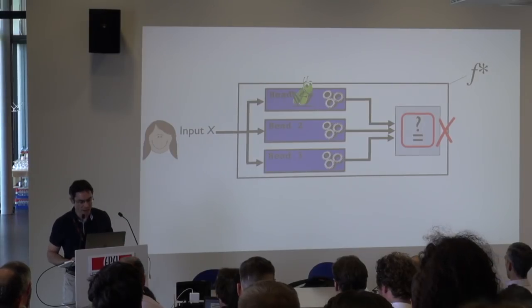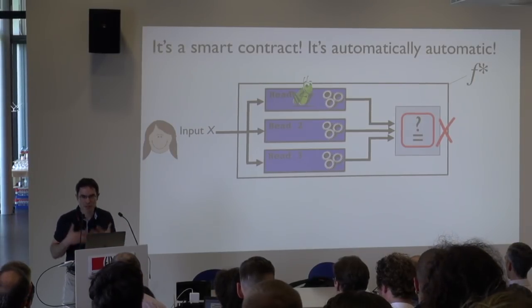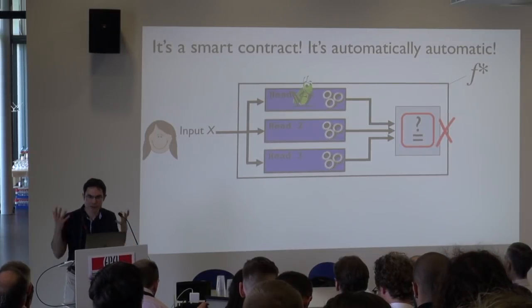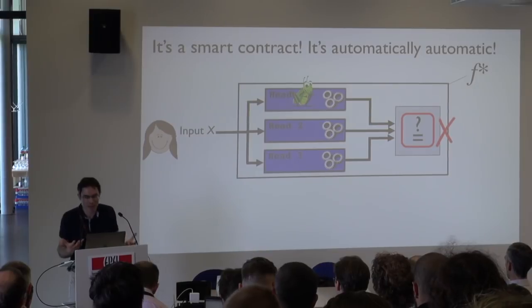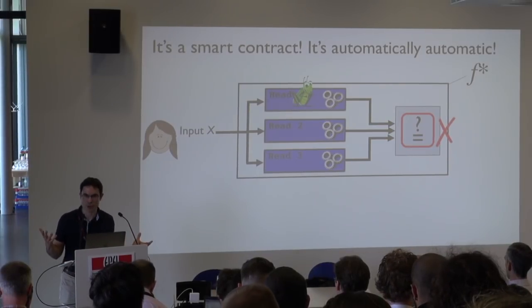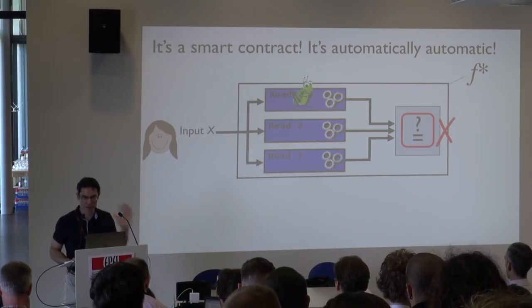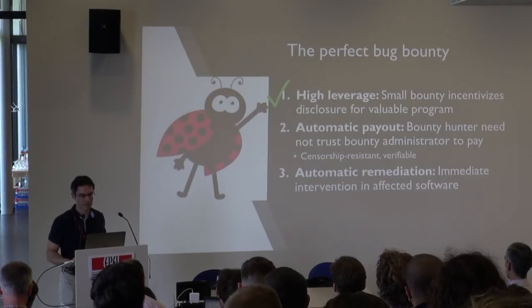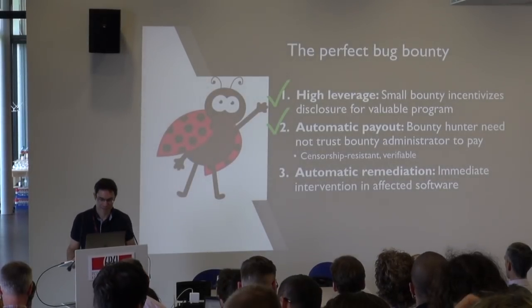To put it another way, smart contracts pay automatically, or can pay automatically by their very nature. We're dealing with a smart contract, so automatic payment is an automatic feature of the smart contract. We don't need to do any special work to accomplish it. It just happens, bam, as soon as a bad input is furnished. So we can tick this off.